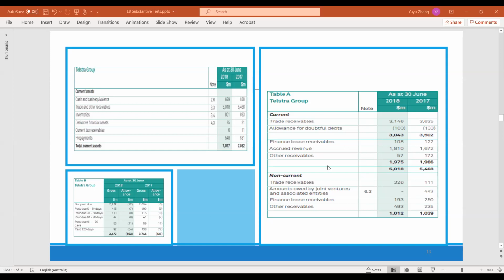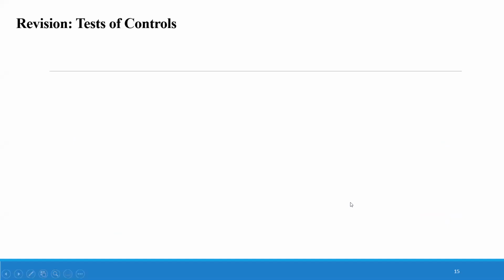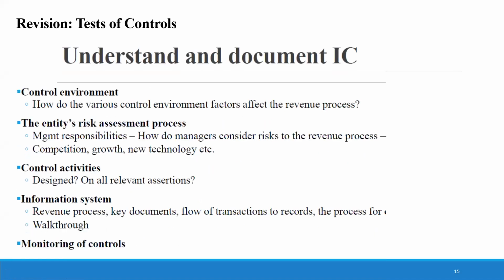So that's why we need to do the audit test. So at that stage, what we do is understand the financial statement and also understand the business, right? Of course, we also need to understand the control.